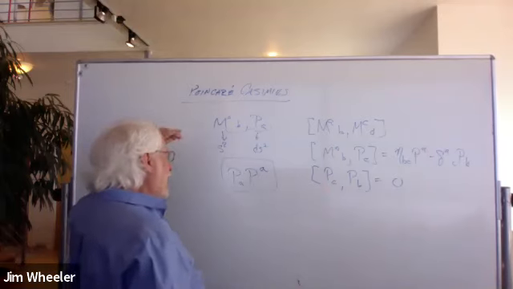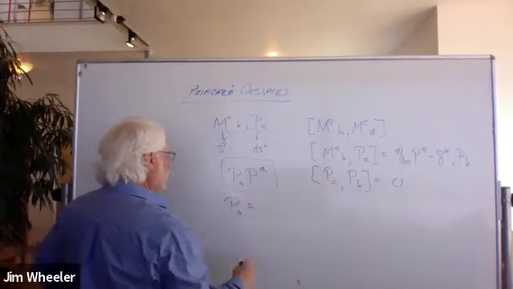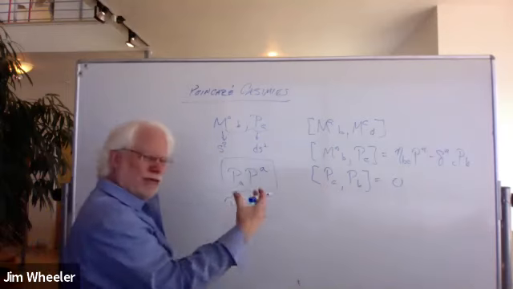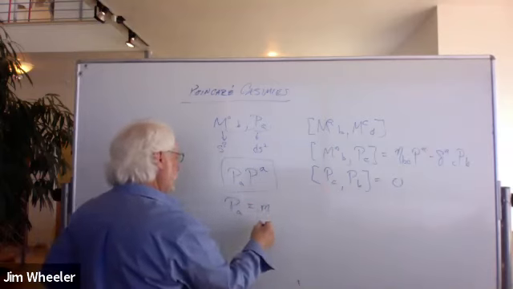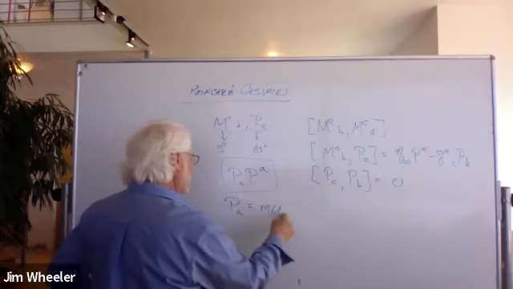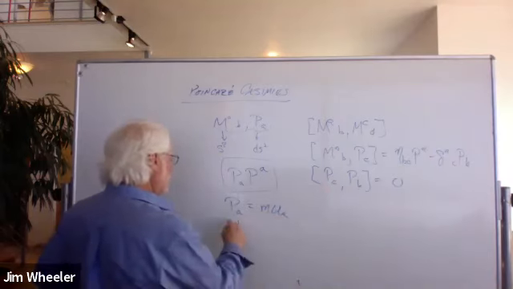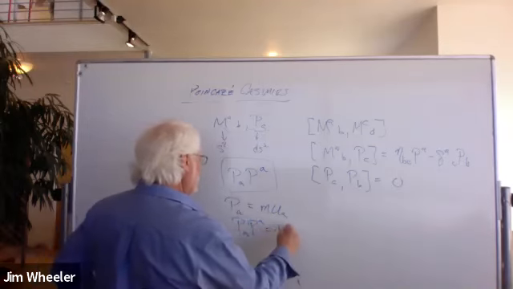Now, what does it correspond to? Well, we know that we do a boost, and we can write the 4-momentum as something like m times the 4-velocity. So that magnitude P^A P_A is minus m squared c squared.